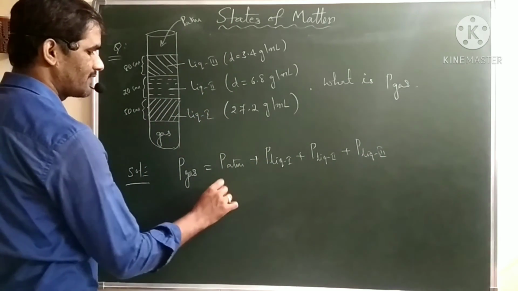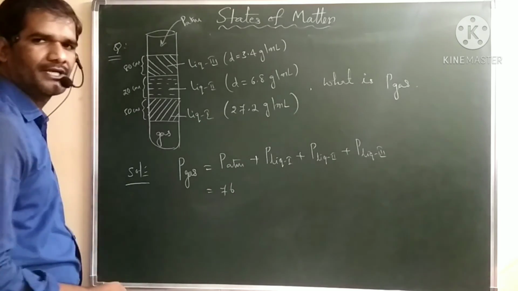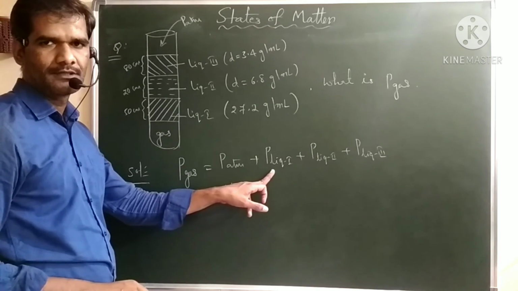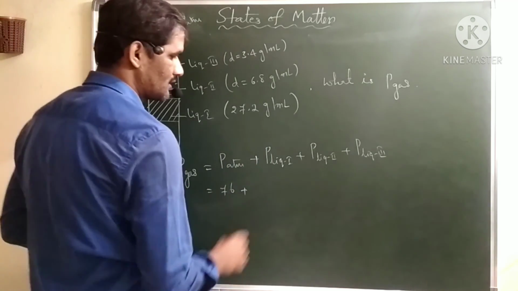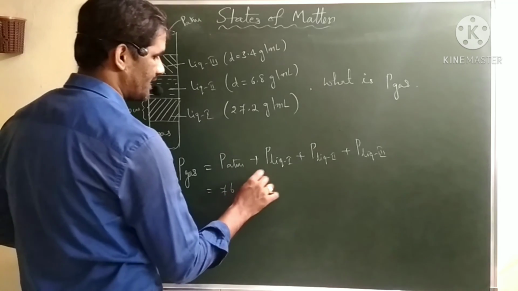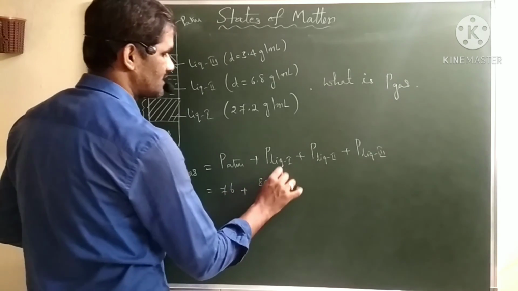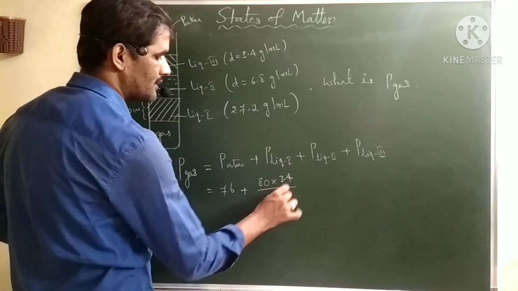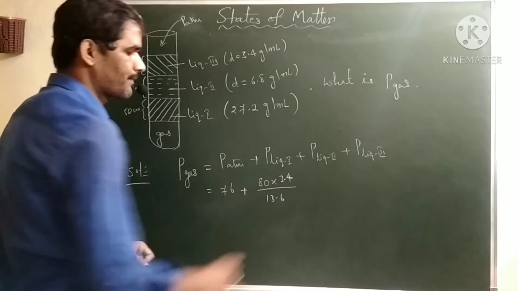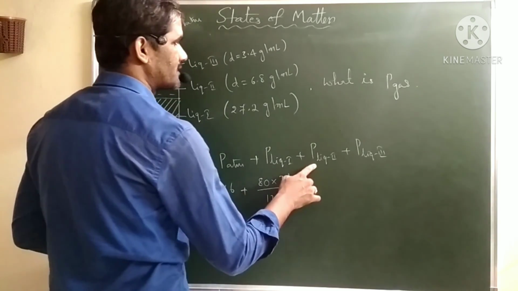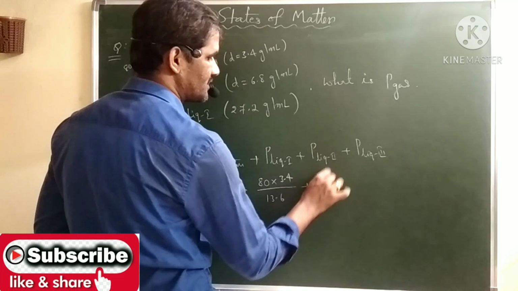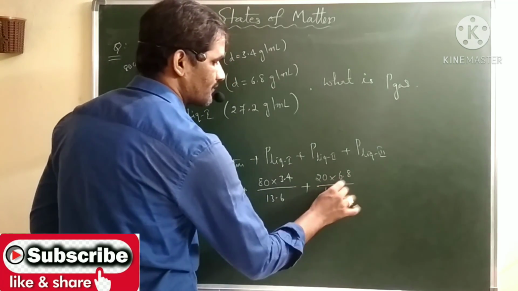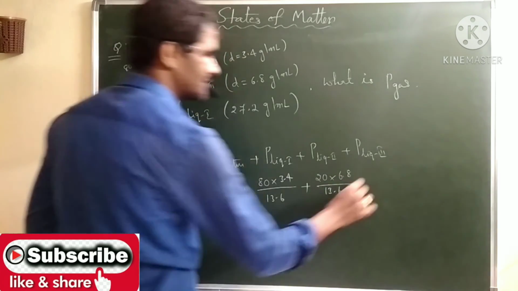Now pressure of atmosphere anyhow we know is 76 centimeters. Now pressure of liquid, again we have to convert it into mercury. That is the formula we already have taken. So here the height is 80 and its density is 3.4 by the density of mercury 13.6. Again the second liquid, the height is 20 centimeter and its density is 6.8, and mercury density 13.6.